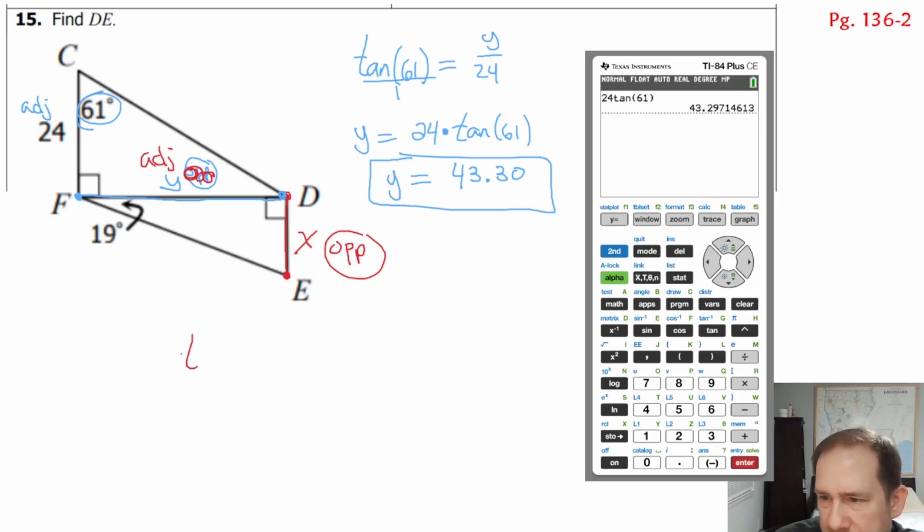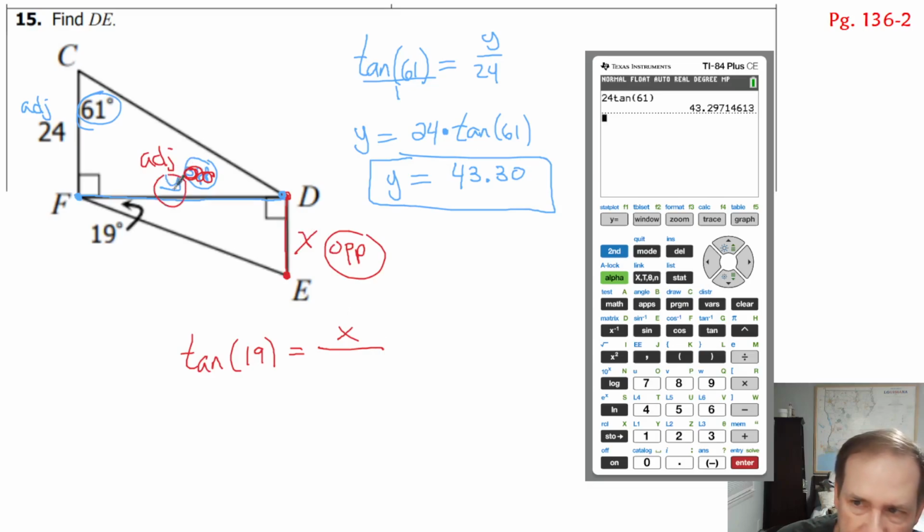We'll say the tangent of our little 19 degree angle is going to be equal to X over. Now technically it's X over Y, right? But we just solved for Y. Y is 43.30. So we're going to be able to solve this by just multiplying both sides by 43.30. We were cross multiplying essentially.